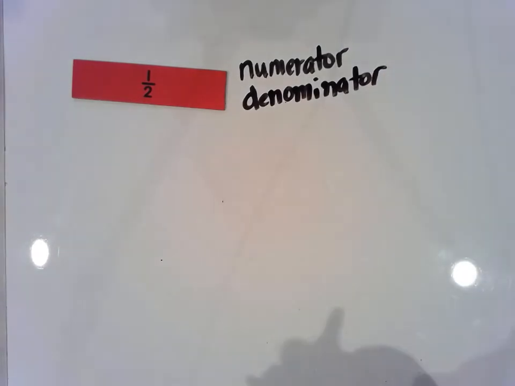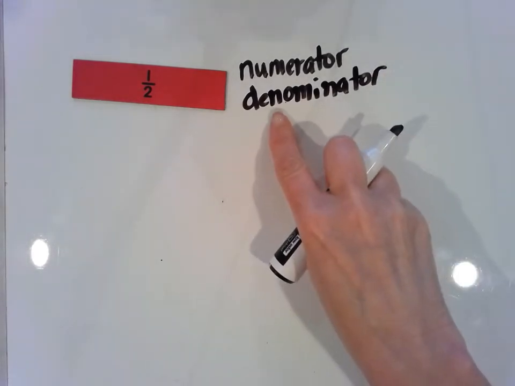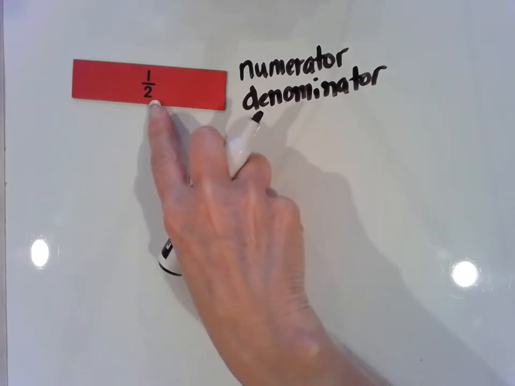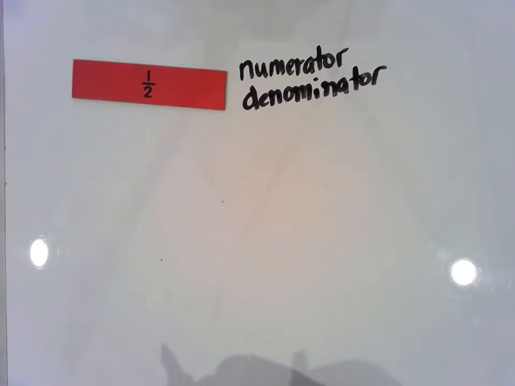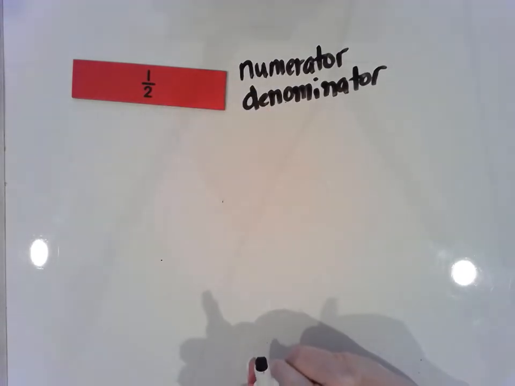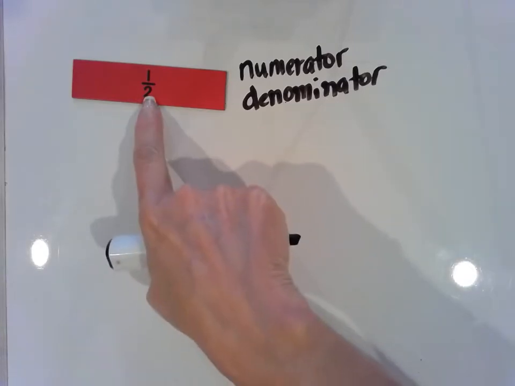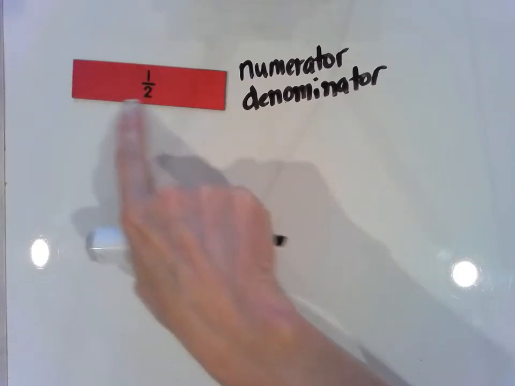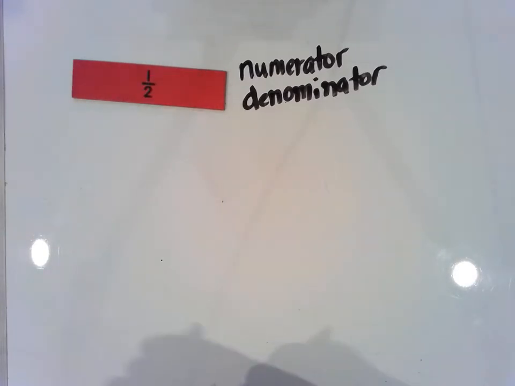The denominator tells you how many parts, and I like to think of that as the size of the parts, because the larger the denominator, the smaller my parts are getting. The numerator tells you how many pieces you have out of those parts. So for example, if I had 2 slices of pizza, this would represent just one of those slices. The numerator tells me that.